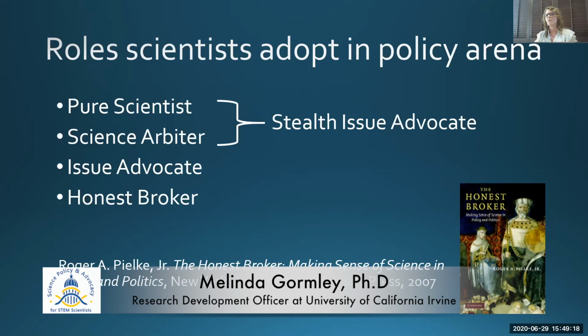And so you have the tendency that the role of scientists is actually to push towards advocating for a particular policy. And a lot of that can also have to do with how politicians want to hear the information, and the questions they're asking are trying to push you to help them make a decision or to make the decision for them. And that's how stealth issue advocacy or issue advocacy can happen.